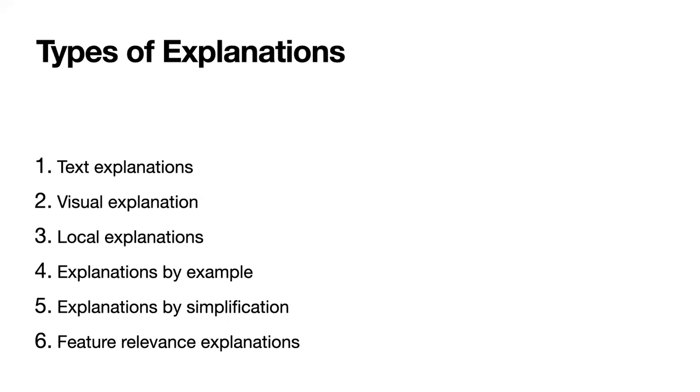You might think of explanations that provide, let's say, natural language text that tells you what the model is doing. You might think about plots and other kinds of visual cues to help you understand what the model is doing. As I mentioned, local explanations versus global explanations are two kinds of explanations that either focus on a specific region or a specific data point versus the overall model's behavior.